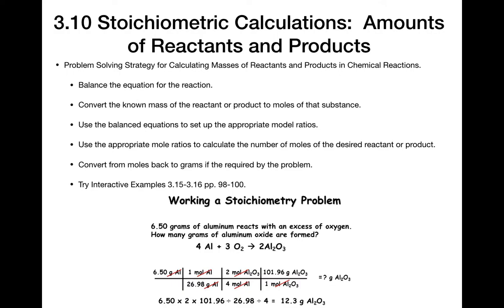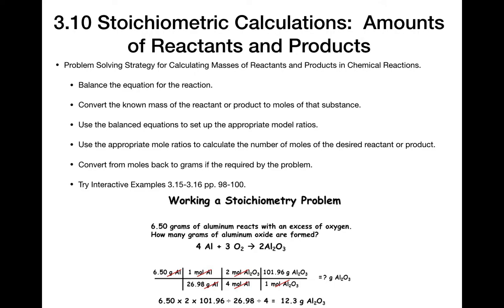Below we see a stoichiometry problem where we work from the grams of aluminum to find the grams of aluminum oxide that would form with excess oxygen. In the first step, we take our 6.5 grams of aluminum, divide by 26.98 to get the moles of aluminum. Then we multiply by a 2 to 4 ratio of moles of aluminum oxide to moles of aluminum.